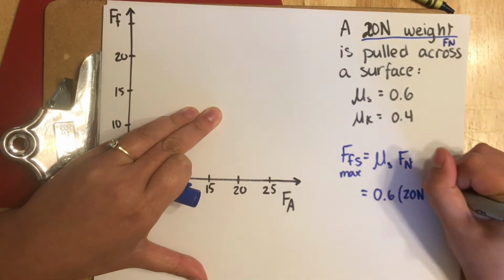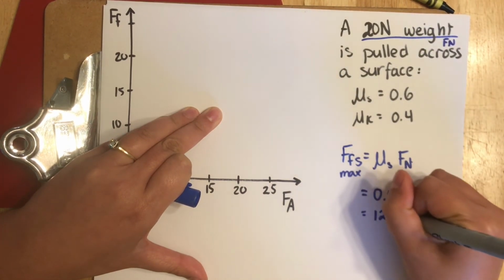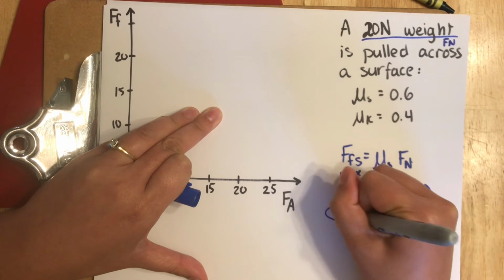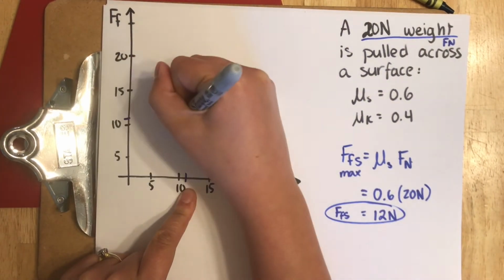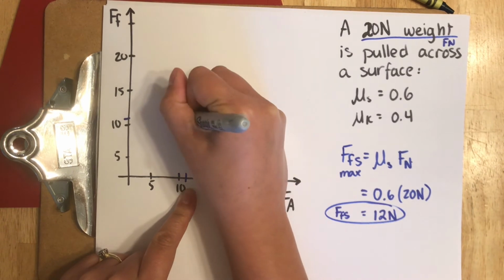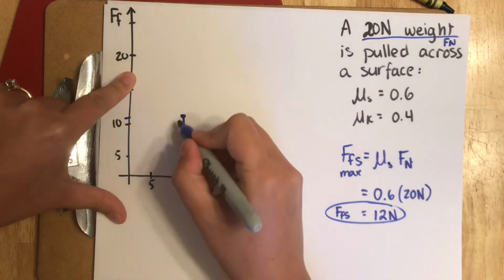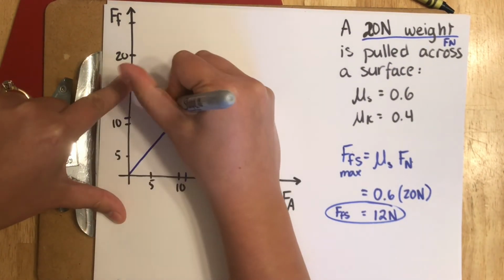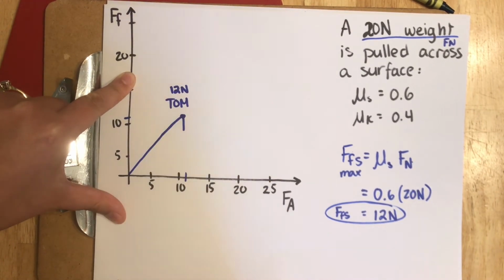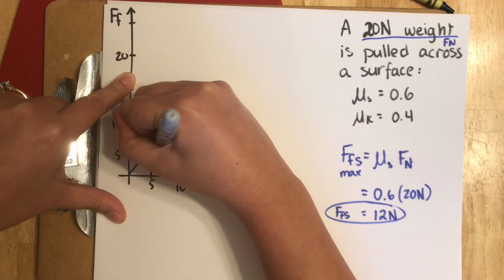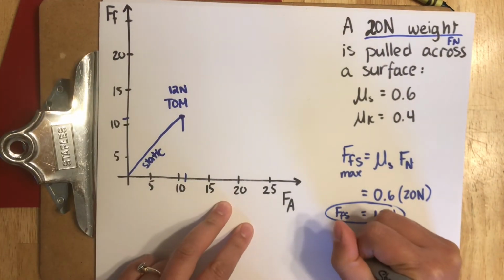I'm plugging in 20 newtons for the weight, the static coefficient of 0.6, and I see that the static friction maxes out at 12 newtons. So I'm going to put a point at 12, 12. 12 newtons of applied force gives 12 newtons of friction, and everything earlier than that, lower applied force than that, is the static region.